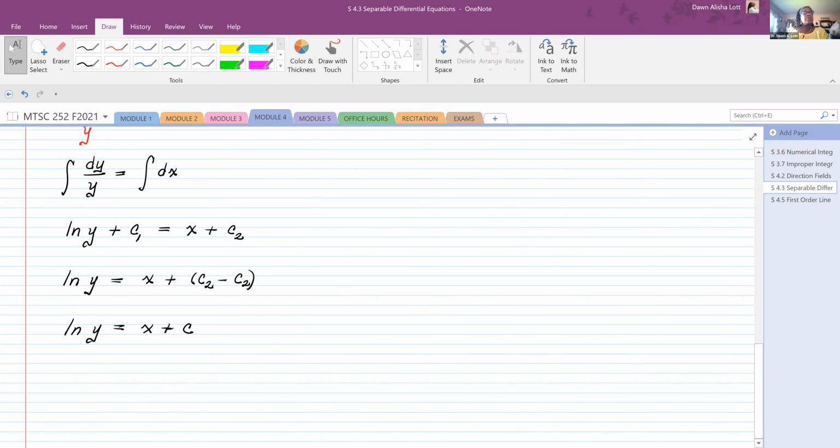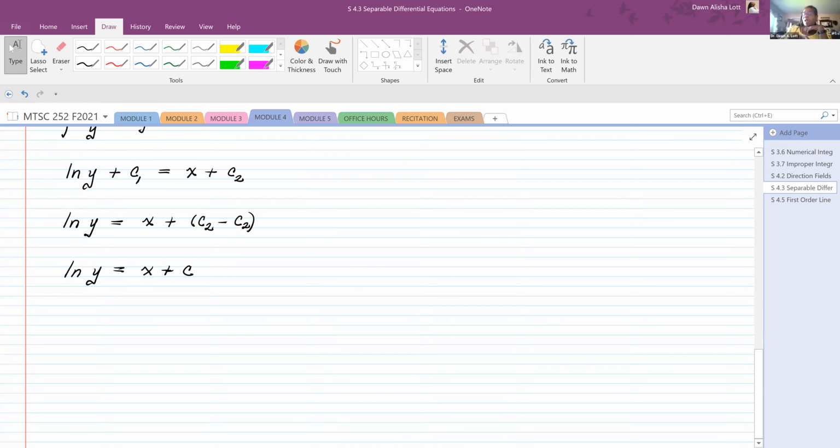Okay, how do I get to that y? It's a logarithm. What's the inverse function of logarithm? It is the exponential. So now I can do e to the natural log of y is equal to e to the x plus a constant.